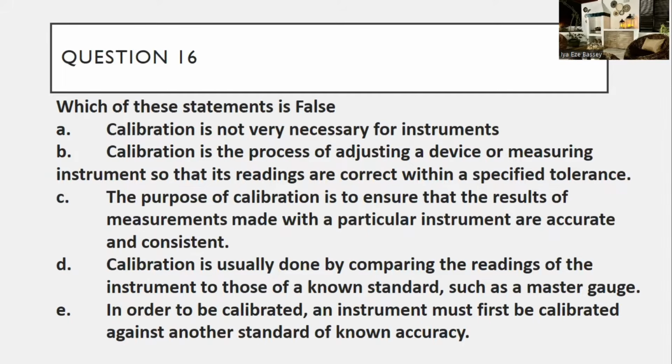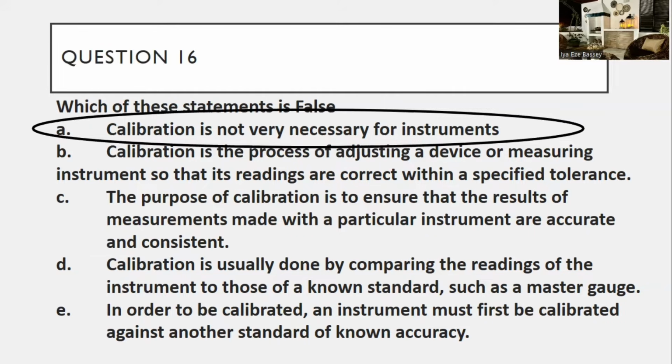C, the purpose of calibration is to ensure that the results of measurements made with a particular instrument are accurate and consistent. D, calibration is usually done by comparing the readings of the instruments to those of a known standard, such as a master gauge. E, in order to be calibrated, an instrument must first be calibrated against another standard of known accuracy. To my knowledge, B, C, D, and E actually seem to be very true. And what looks false is A.